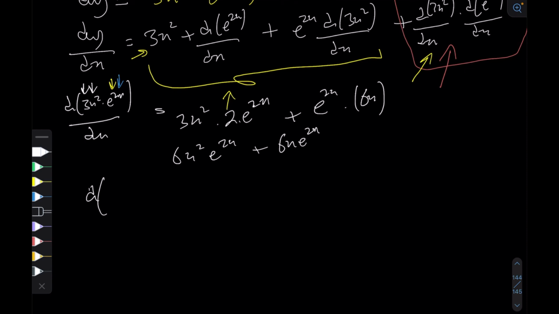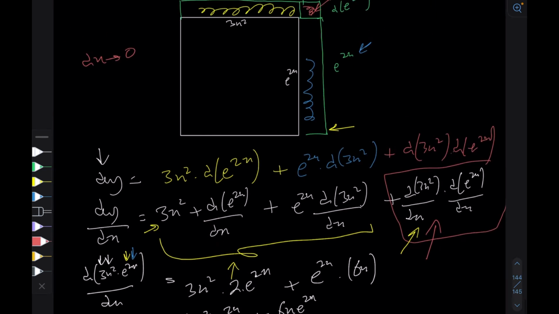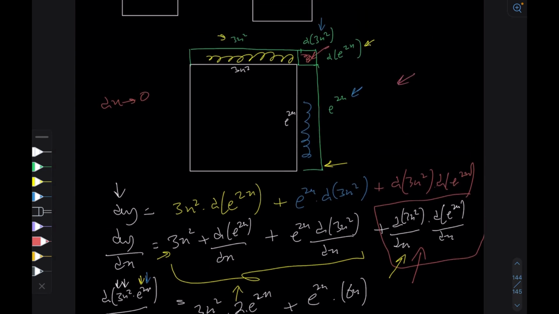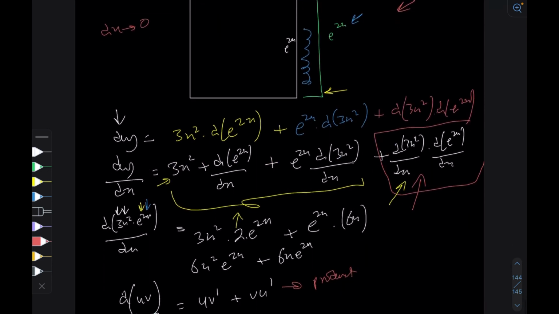So in general, the differential of any uv would be u v prime plus v u prime, where v prime and u prime are just the corresponding differentials. And this is what we call the product rule. Whenever you have two things multiplying and you have to find the differential of it, this is how you could do it, right? And by means of this square, it should sort of make sense.